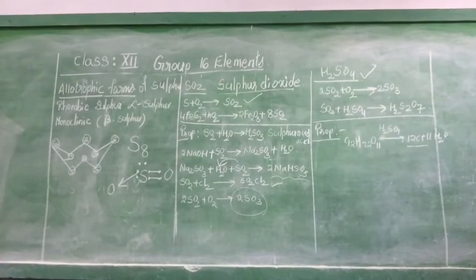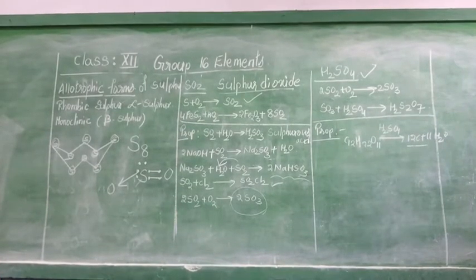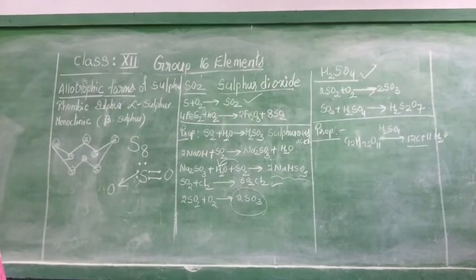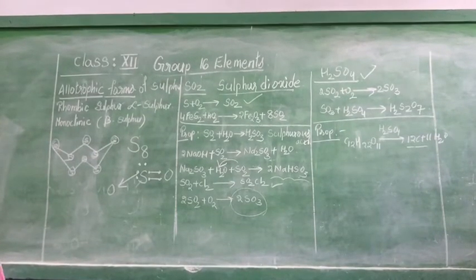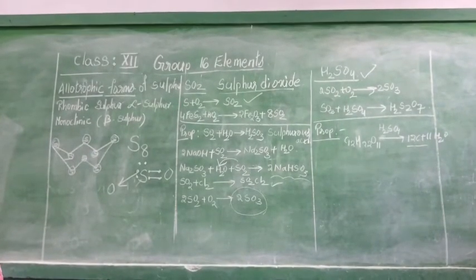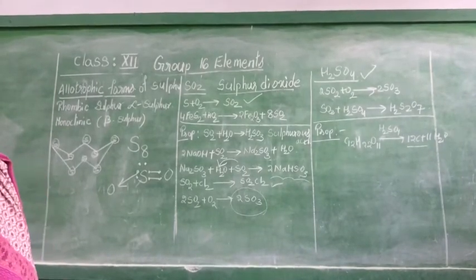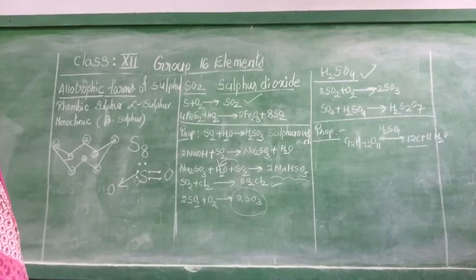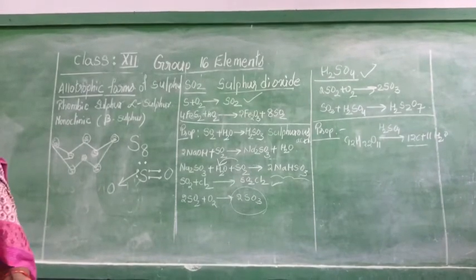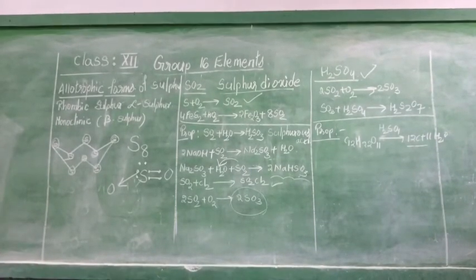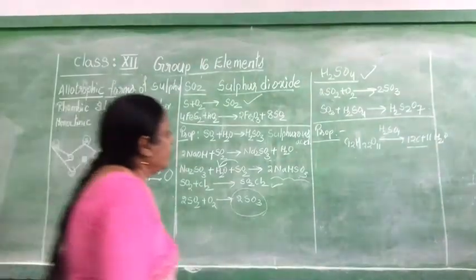Hot concentrated sulfuric acid is a moderately strong oxidizing agent. It is intermediate between phosphoric and nitric acid. Now, sulfuric acid also reacts with metals and non-metals to form sulfates. Copper reacts with sulfuric acid to form copper sulfate, SO2 and H2O.